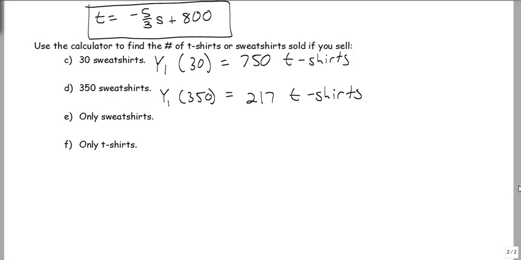Now, if I only sell sweatshirts, let's say there are no t-shirts, that means that I need $1,200 equal to $2.50 for the sweatshirts. So the number of sweatshirts sold would be $1,200 divided by $2.50, which would be 480.